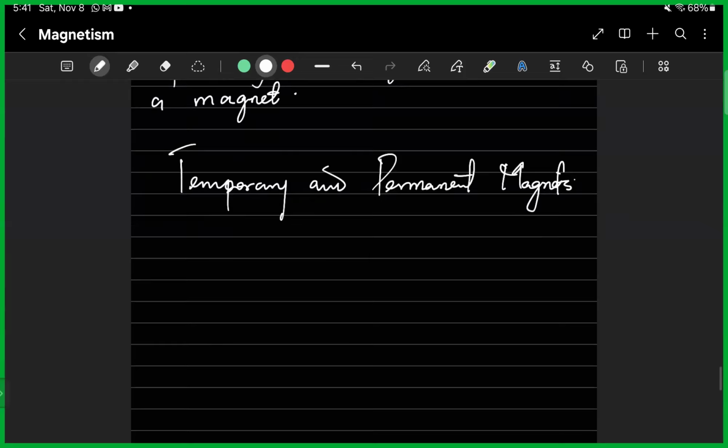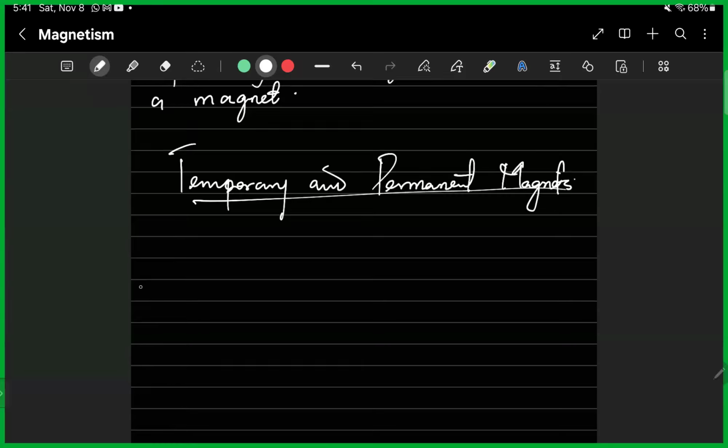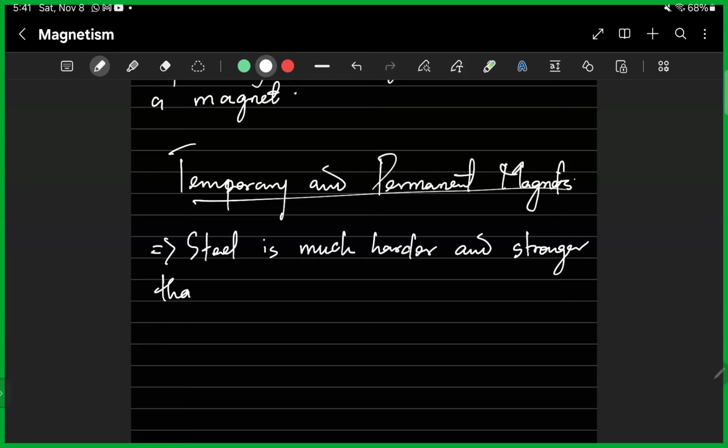After this, we'll talk about magnetic fields briefly, and then that will be it for this class. Before we talk about temporary and permanent magnets, we must acknowledge that steel is much harder and stronger than soft iron.